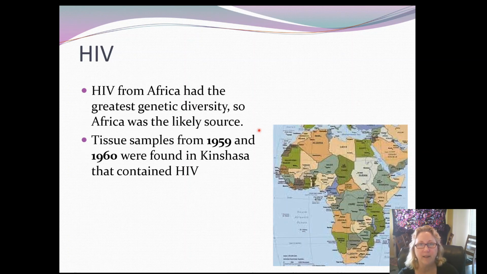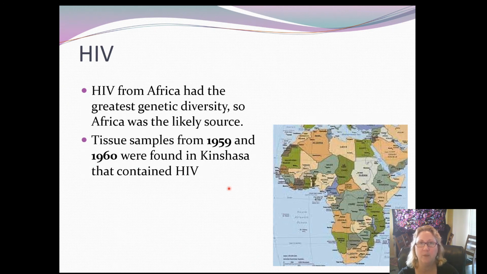And in fact, they found tissue samples from 2 patients that a doctor had saved, one who died in 1959 and one who died in 1960 in the same hospital in Kinshasa, which is in West Africa, that both tested positive for HIV-1. So these are the oldest confirmed cases of HIV-1.